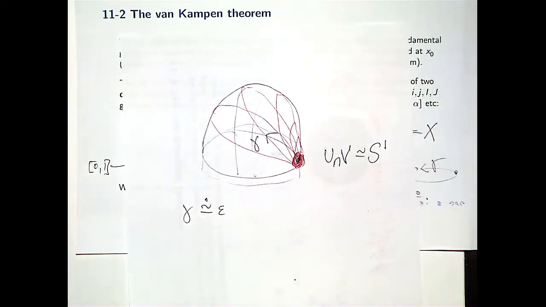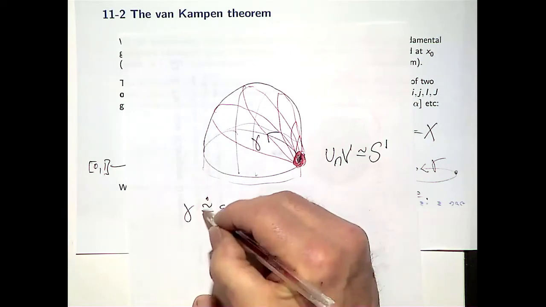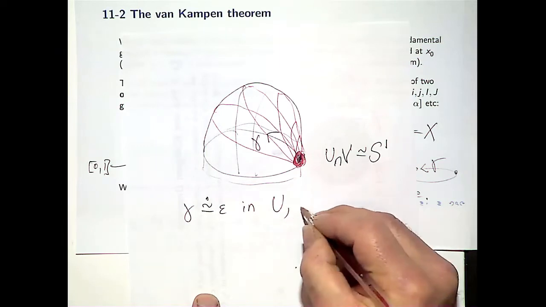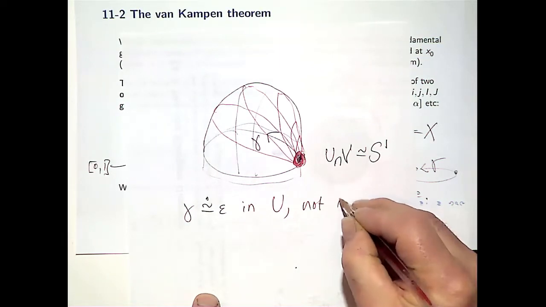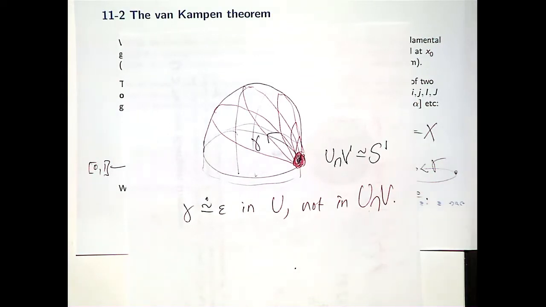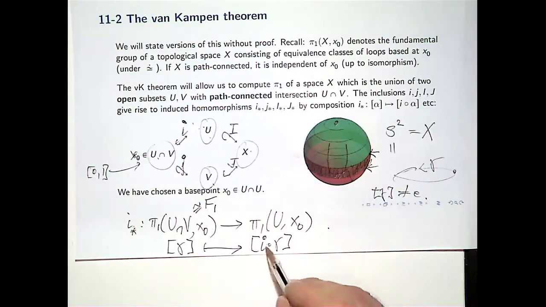So in the northern hemisphere, this becomes trivial. So gamma is trivial in U, but not in the intersection. That's what I'm trying to say. So beware, because even if you've got an inclusion here, the induced homomorphism may not be an inclusion.